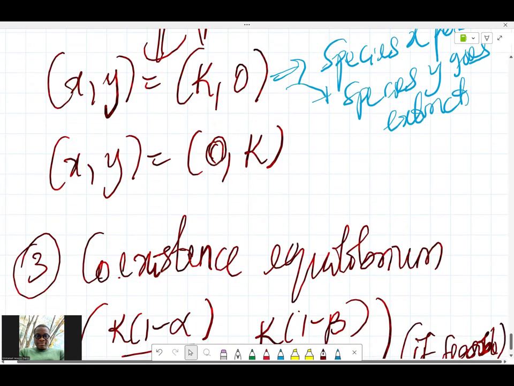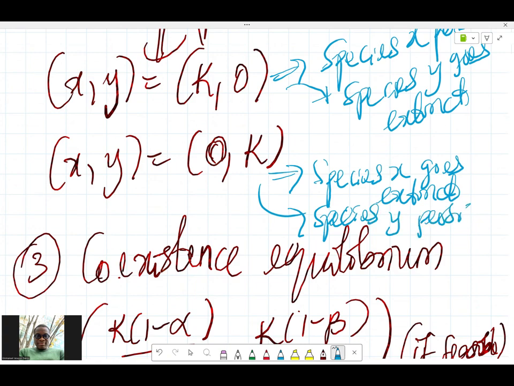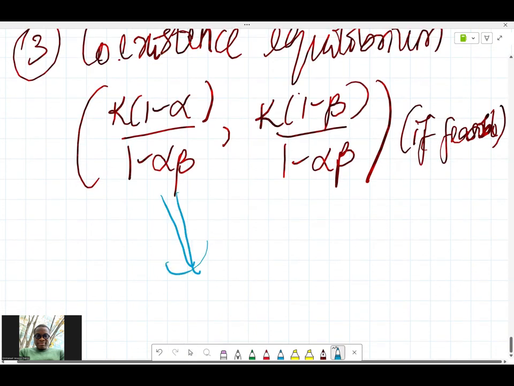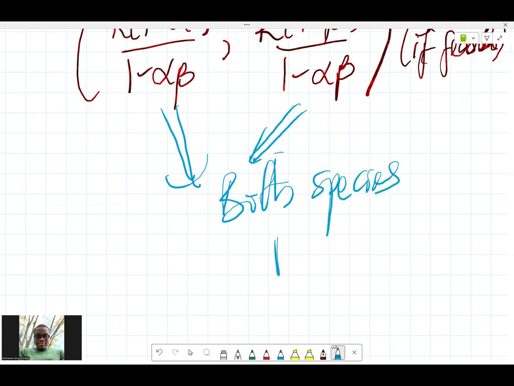And then when we come here, this tells us that species X goes extinct and species Y persists. But in this other case, both species persist. That's what that is about.